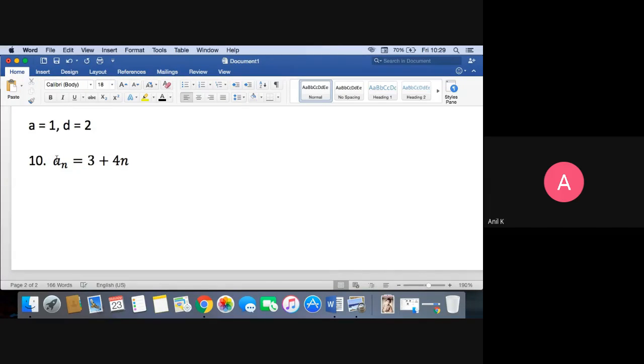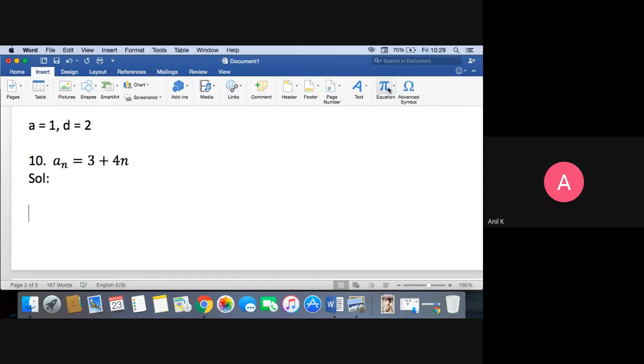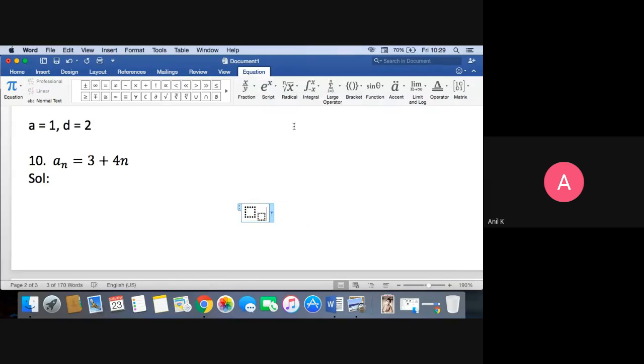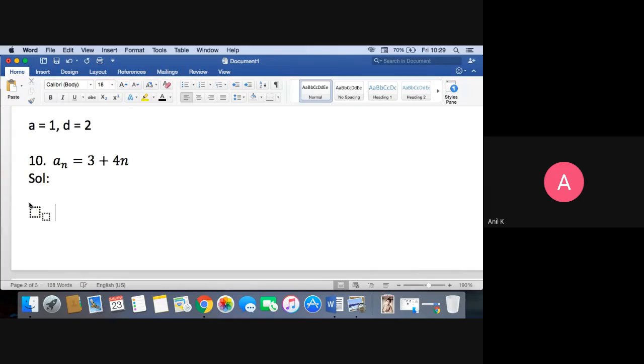So if I find A1, let me insert the equation and see what we will get. A1 equals, that means n value if I take as 1. If I take n value as 1, it will come as 3 plus 4, which is 7.